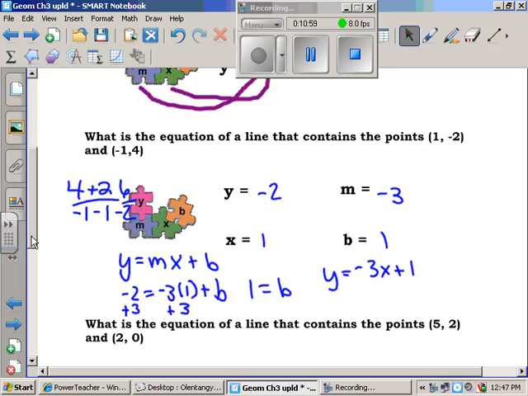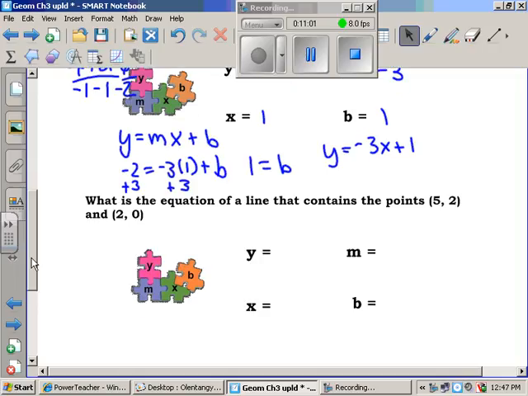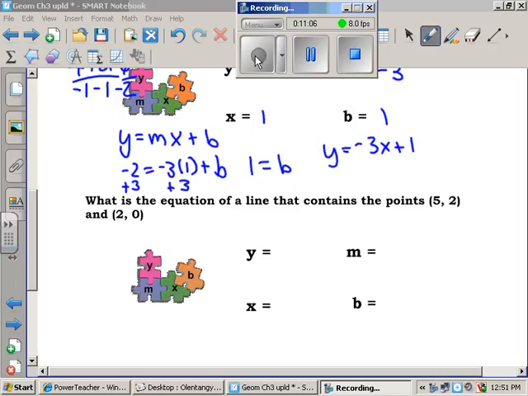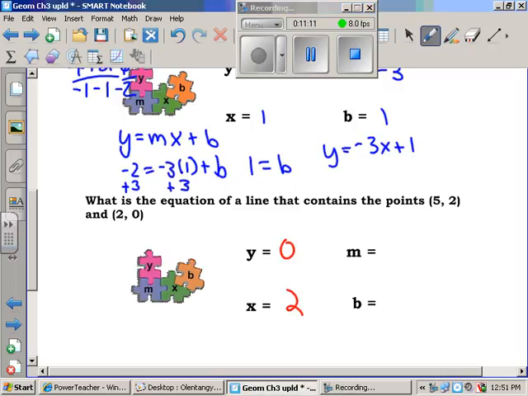All right, you guys try it. Do this one. Which X and Y did you use for this? 2 and the 0. Okay, and what was M? 2/3. Good. 2 minus 0 over 5 minus 2. To find B, you plug in the X and the Y, so you get 0 is equal to 2 times 2/3 plus B. 2 times 2/3 is 4/3, right?